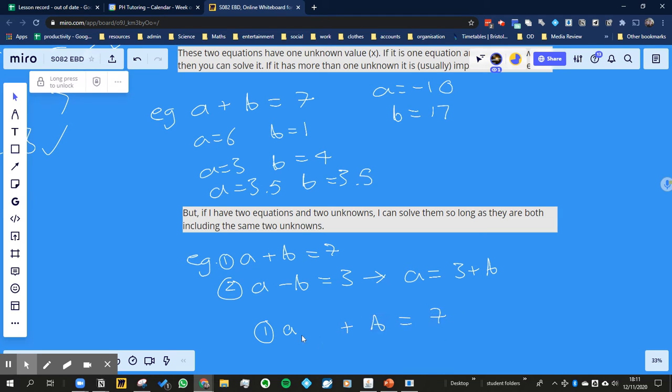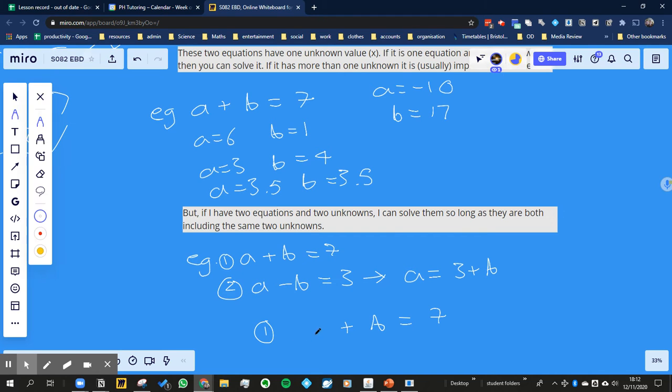Now this a here, instead of writing a, I'm going to write 3 plus b. If a is equal to 3 plus b, then I don't need to write a. I could just write 3 plus b, right? Does that make sense? So instead of writing a, I'm going to delete a and put in brackets for now, 3 plus b.